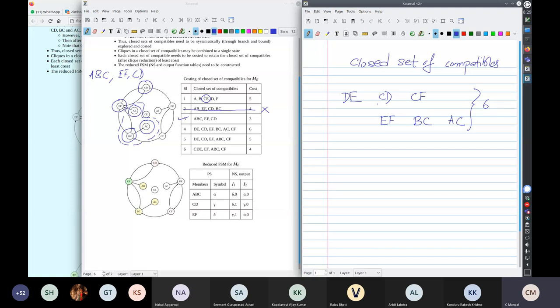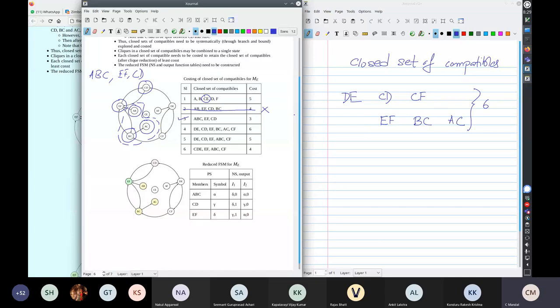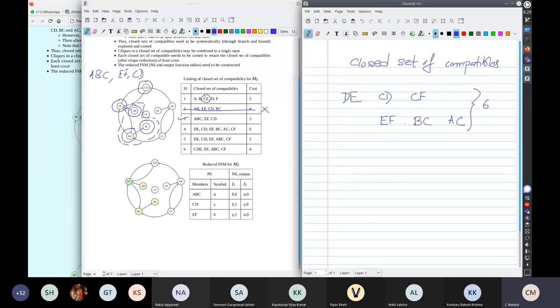Now, we are just finding some closed sets of compatibles. Yeah, now this is one set. Now if you add to this, you have got BC, AC. So if you add AB to this, you get a clique over here.